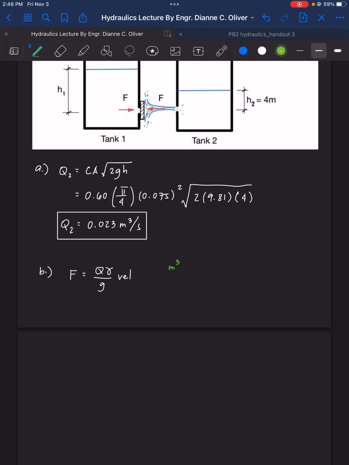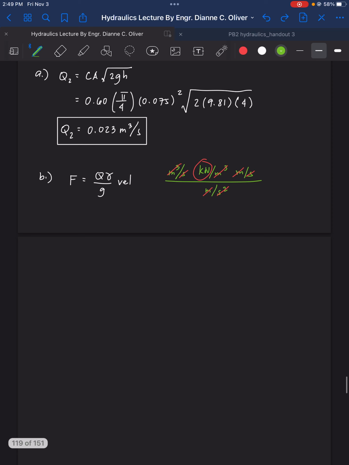Q is cubic meter per second, gamma is in kilonewton per cubic meter, velocity is meter per second, all over gravitational acceleration, meter per second squared. So we will cancel out seconds squared, and we can cancel the cubic meter and the meter. What's left is kilonewton. Therefore, it's consistent that we can get the value of F this way.